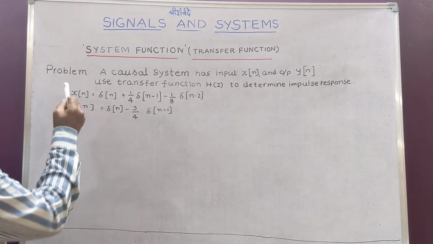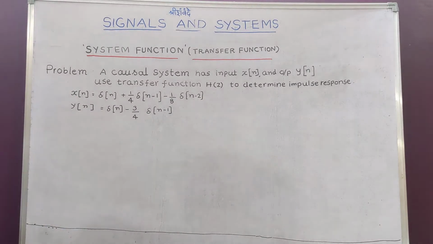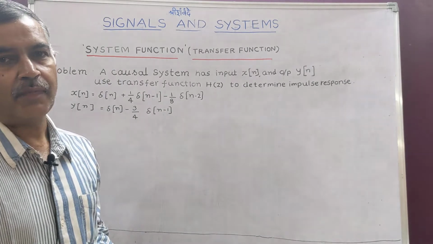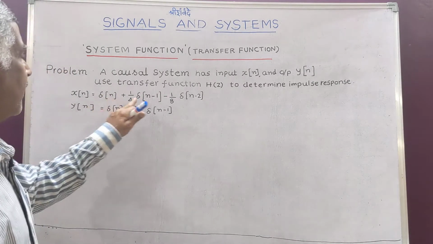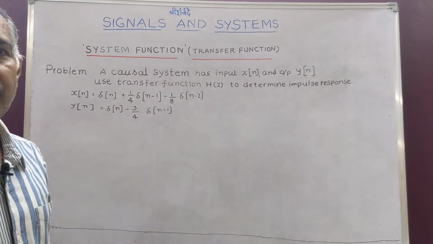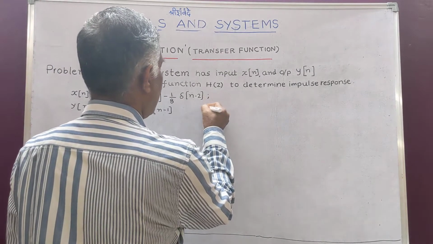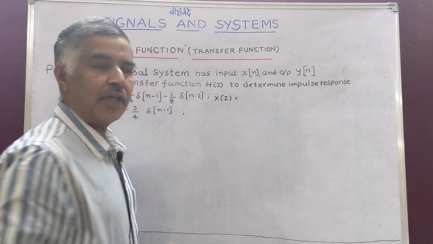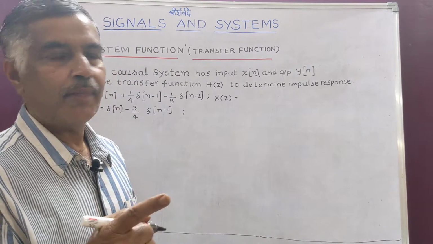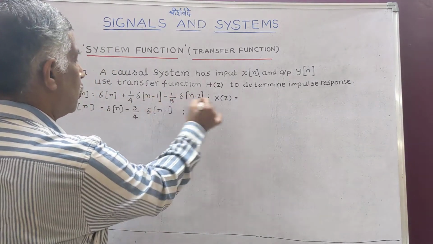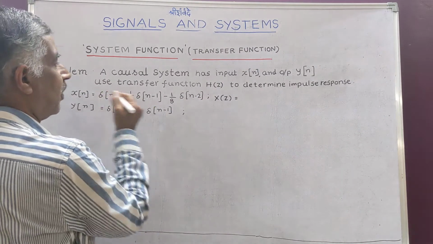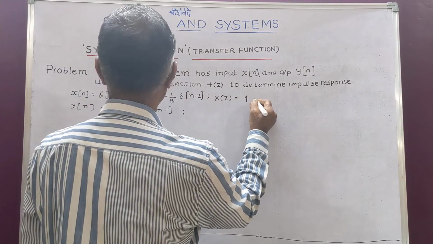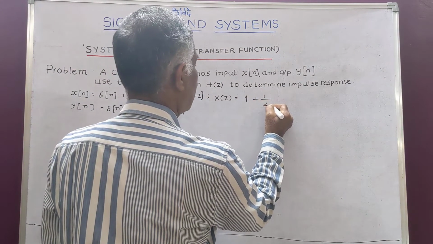x of n is given, y of n is given. First we shall find H(z). So take the z transform of x of n and y of n. Now X(z) equals, we know that the z transform of the impulse function is unity, but here there are two shifted impulse functions, delta of n, 1 plus 1 by 4.